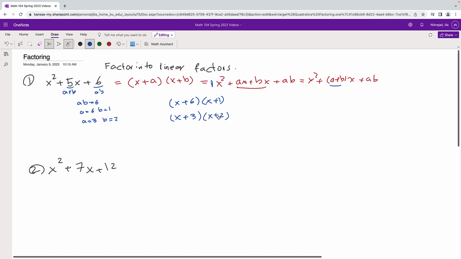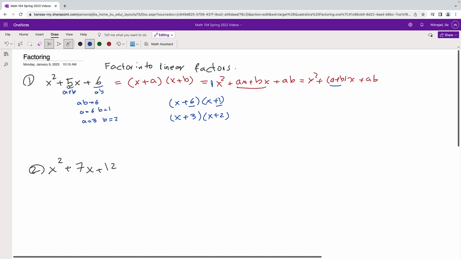But one of these two is very easily proven not to be correct. And which one is that? That's actually the first one, because a and b being 6 and 1 add up to be 7, and here a plus b is actually equal to 5.